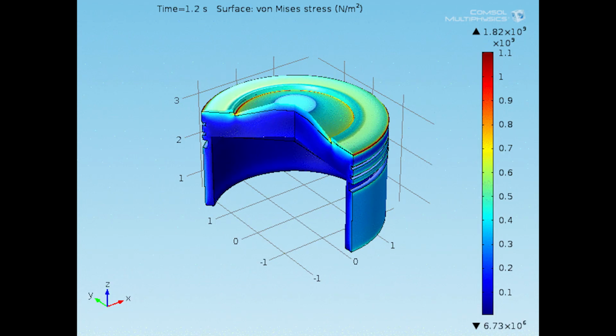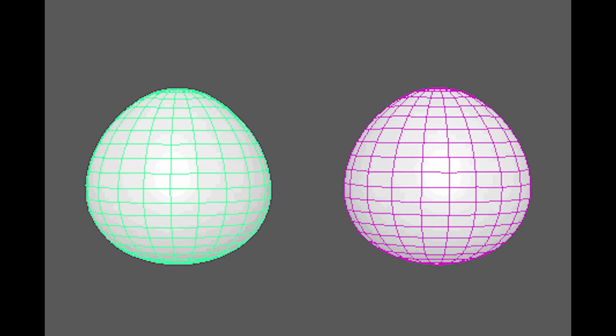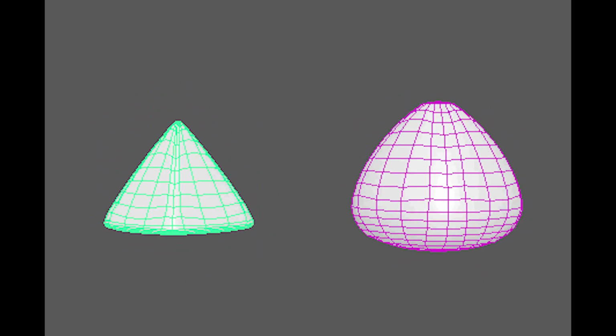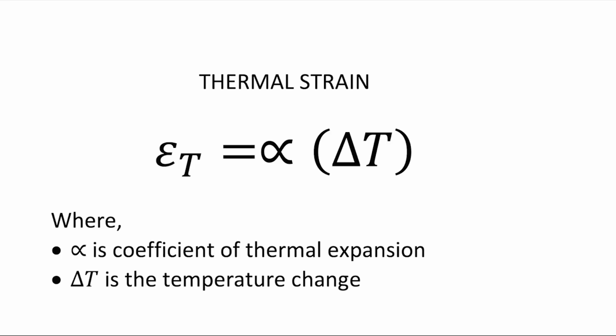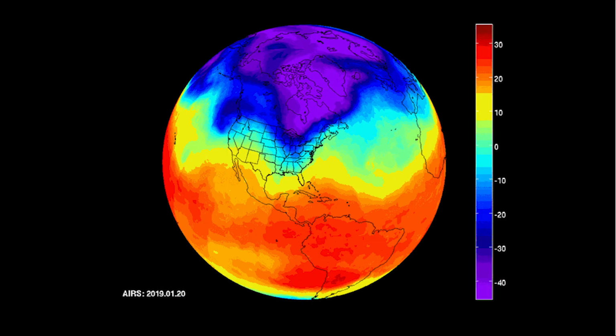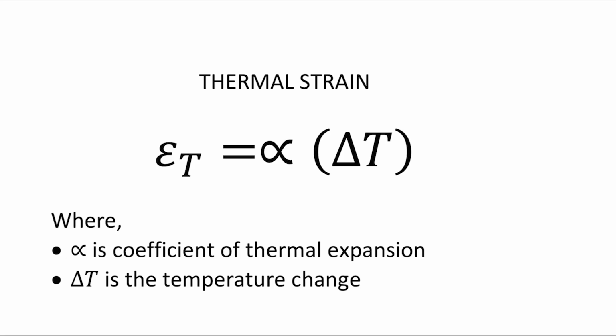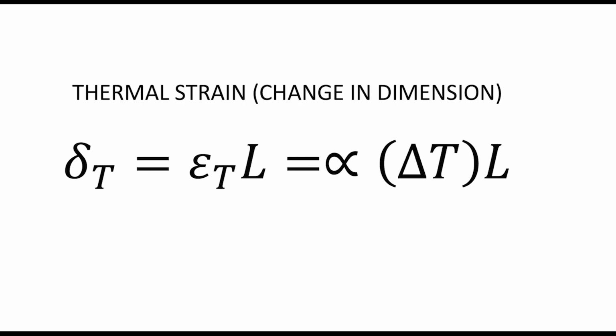An increase in temperature results in expansion, whereas a temperature decrease produces contraction. Here is the formula for the thermal strain, where the constant alpha is a material property known as the coefficient of thermal expansion, and delta T is the temperature change. If the temperature change is uniform throughout the body, the thermal strain is also uniform. Consequently, the change in any dimension of the body is given by this one.